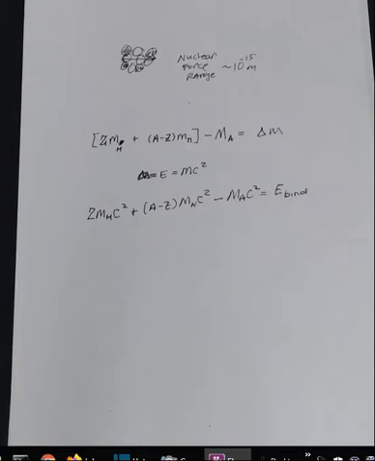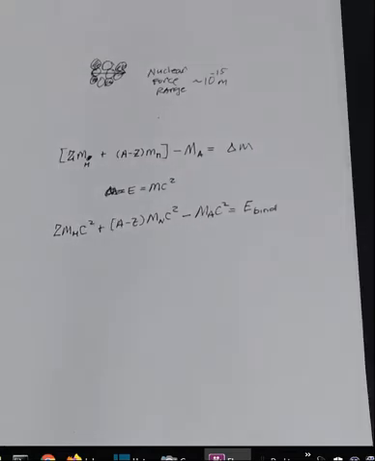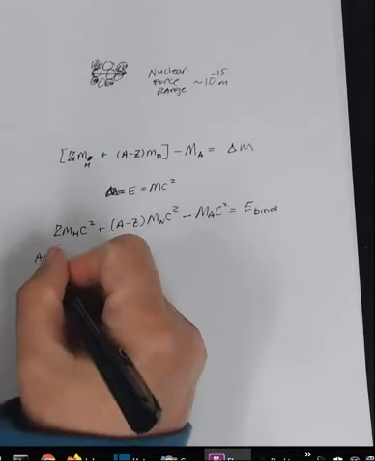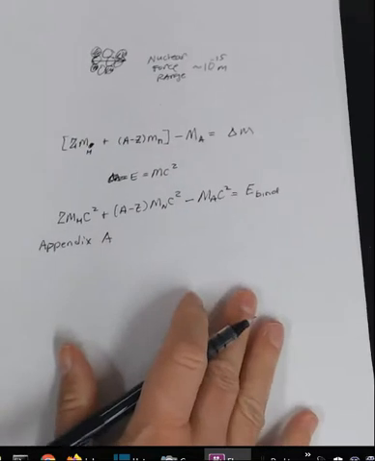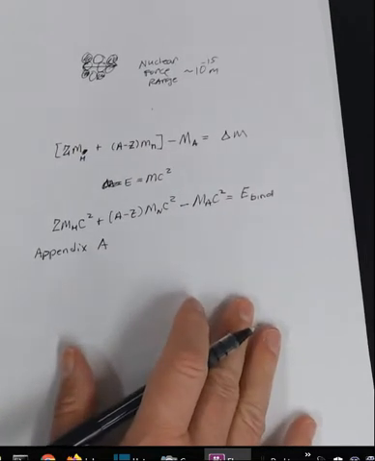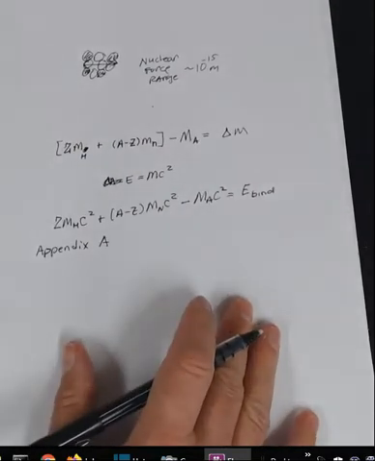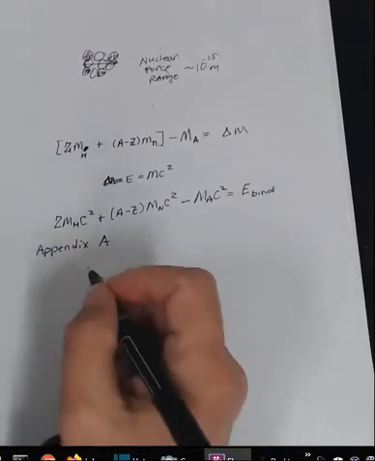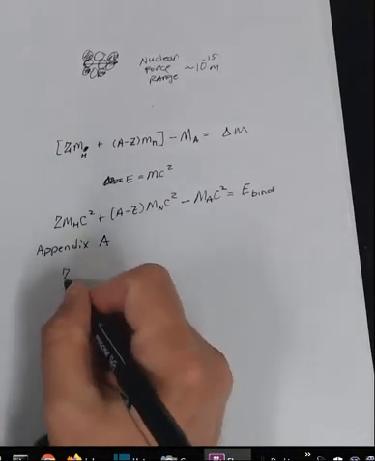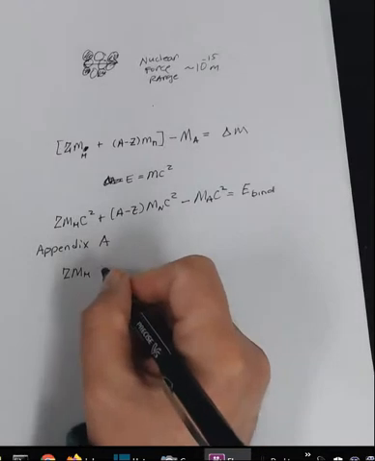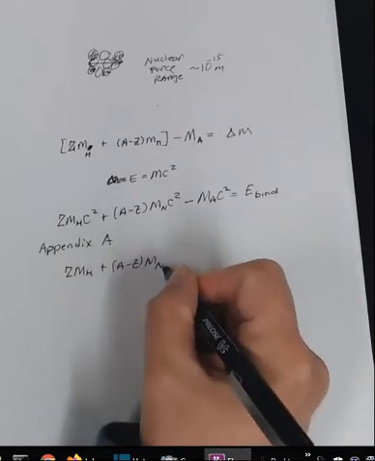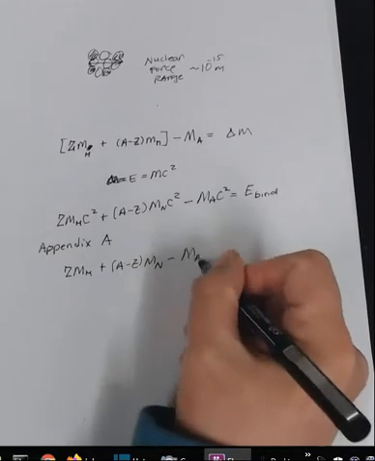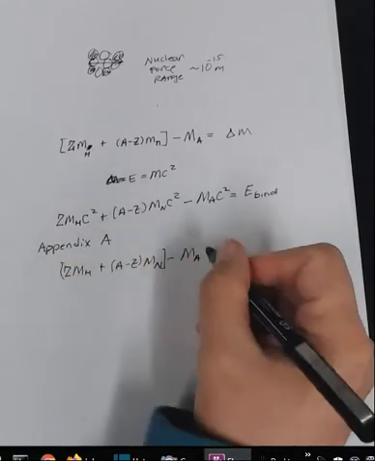So let's calculate the binding energy for some nucleus. In Appendix A in your book, they have masses of different nuclei in atomic mass units. So what you can do is take Z times the mass of H, plus A minus Z times the mass of the neutron in atomic mass units, minus the mass of your atom in atomic mass units.